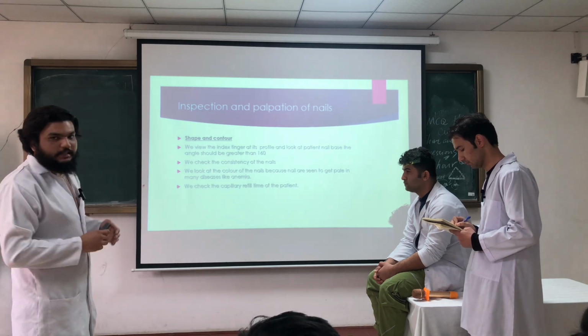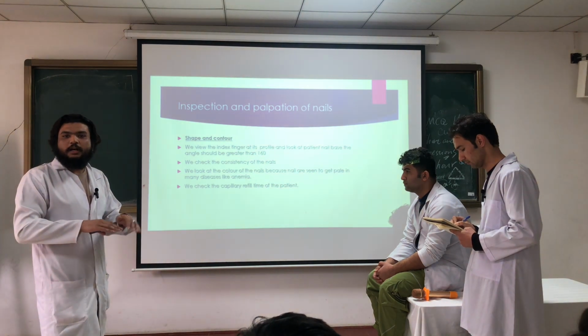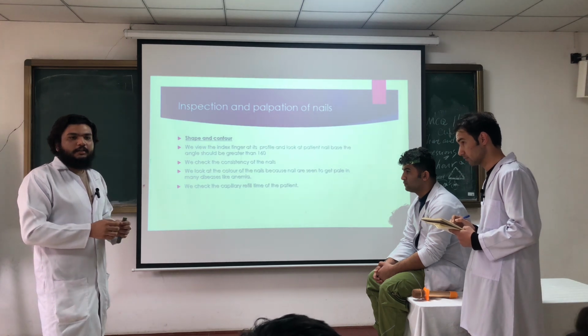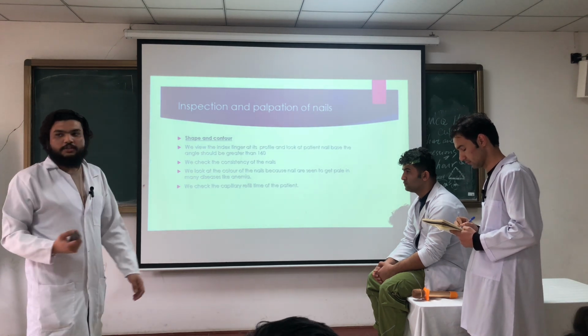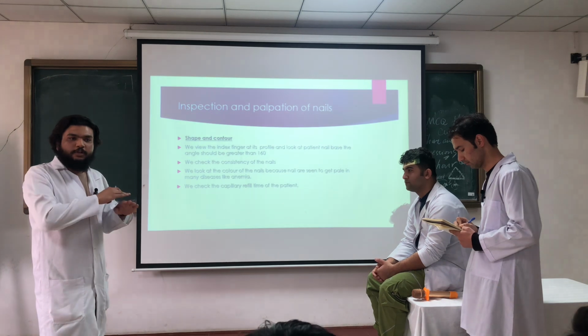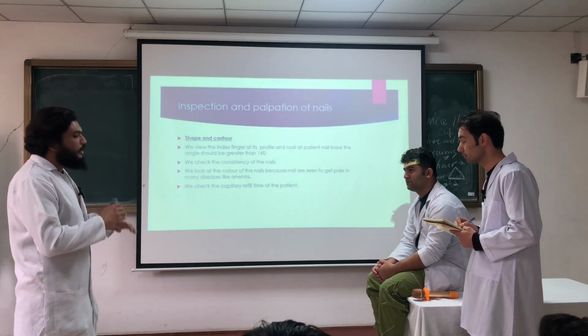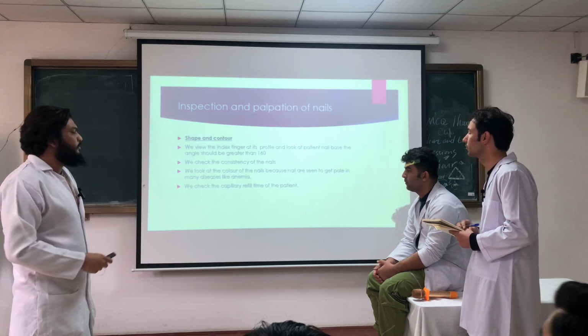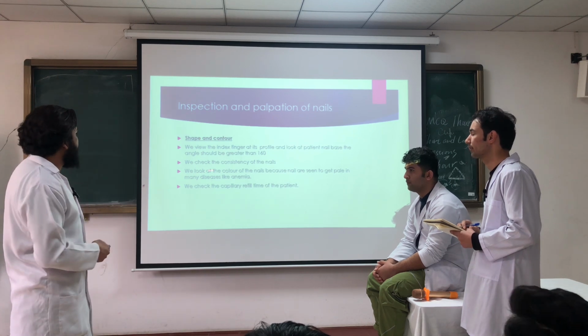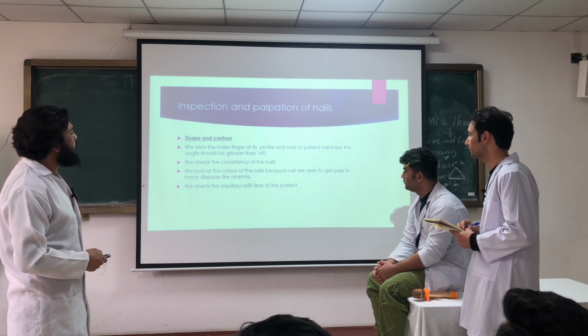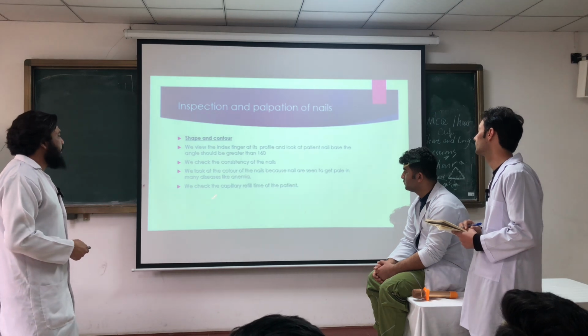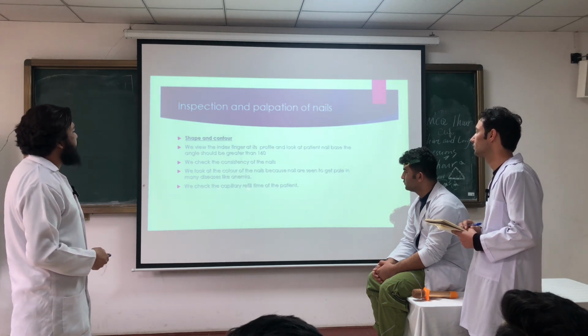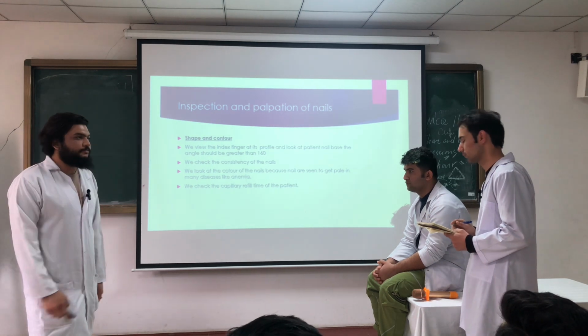And we check the consistency of the nails. Are the nails normal? Are they broken? Or is there any lesion or vesicle, like in psoriasis, where the nails are completely dead and keratinized. We look at the color of the nails because nails are seen to get pale in many diseases like anemia. We check the capillary refill time of the patient.